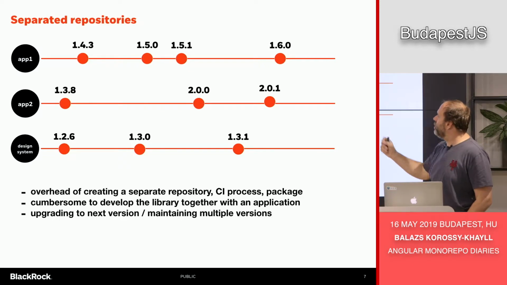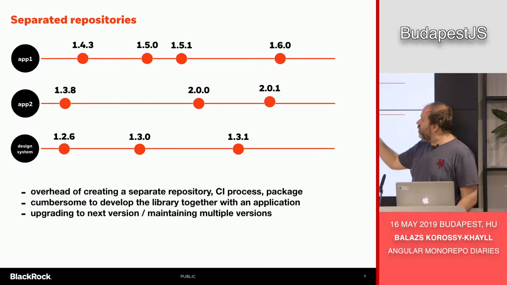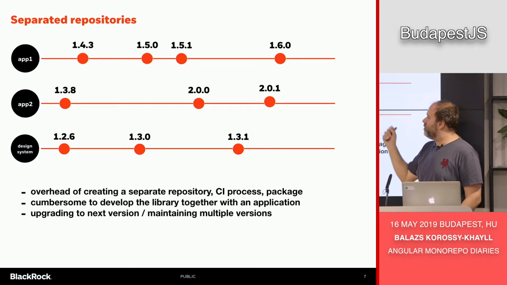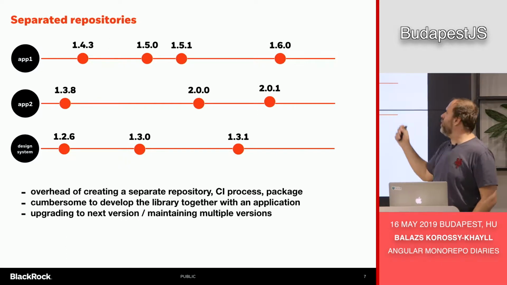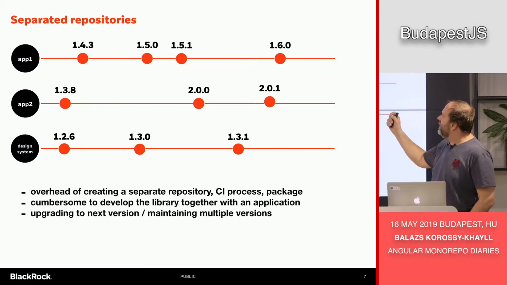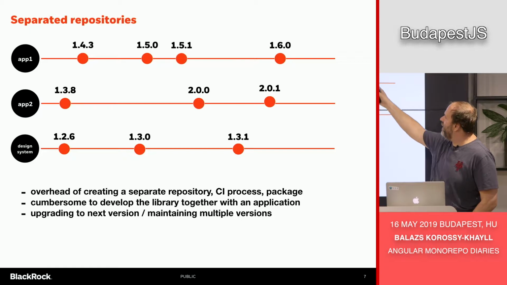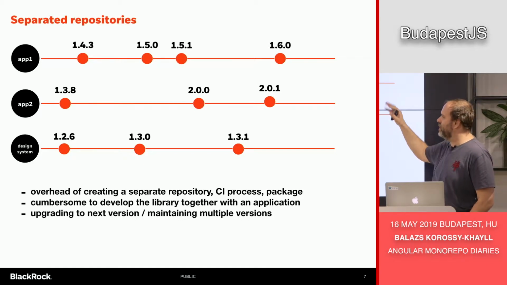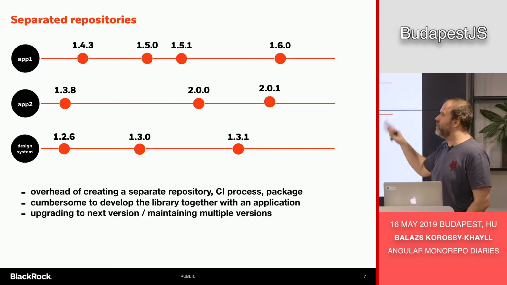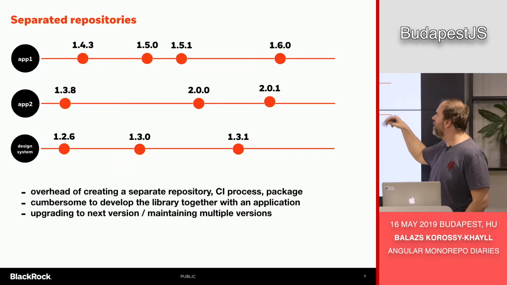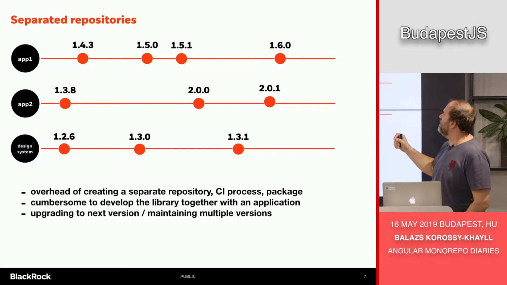Now, application 2, in version 2, they already adopted the data grid from the design system, and it's working very nicely. And application 1, meanwhile, had a minor patch release, but they haven't adopted the data grid because it was too much of a work, and that was just a quick fix. So they are still not using the one from design system.